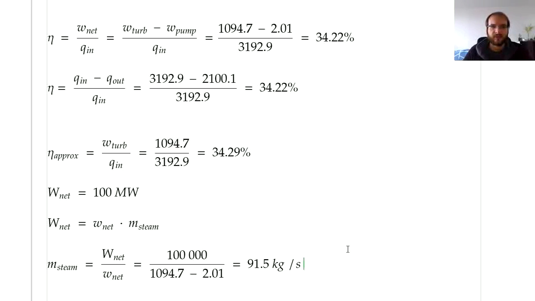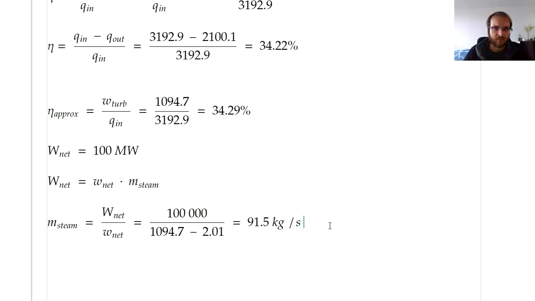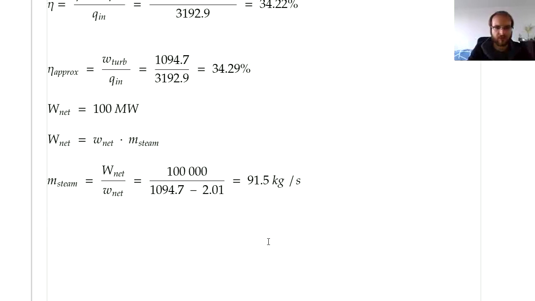And the last question was, what would be the mass flow rate of the cooling water? For that, we will use again the energy balance of the heat exchanger. The Q rejected in the condenser, so let's say Q out in steam, needs to be the same as Q of the cooling water, the heat that the cooling water accepts.